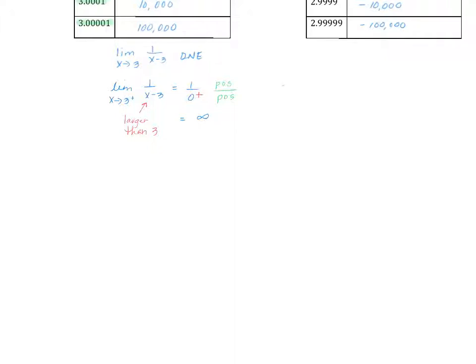Okay, let's try the other side. If we take the limit as x approaches 3 from the left of 1 over x minus 3, that's going to be equal to 1 over 0. So that tells me that my function is undefined at 3, and I'm going to have a vertical asymptote. Is it going to approach positive or negative infinity? Well, if I look at these x values, I'm putting in numbers that are smaller than 3.